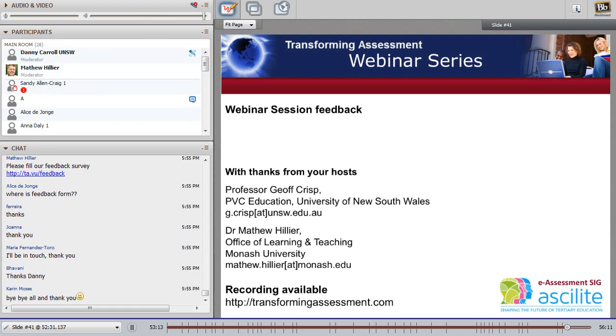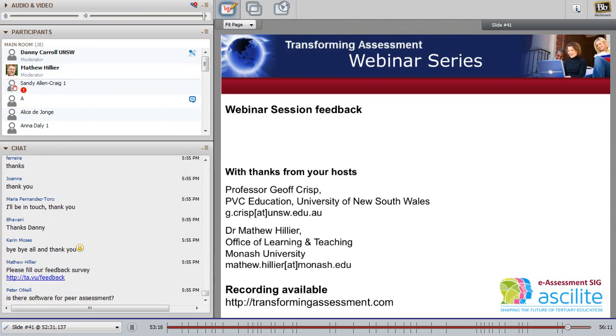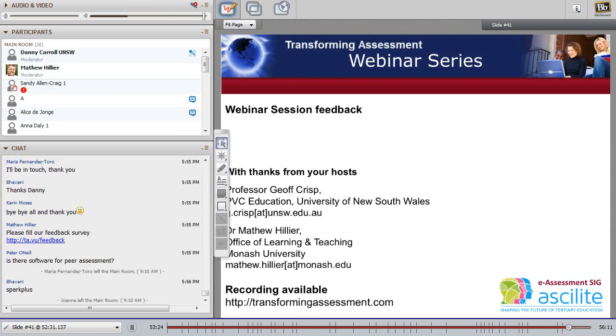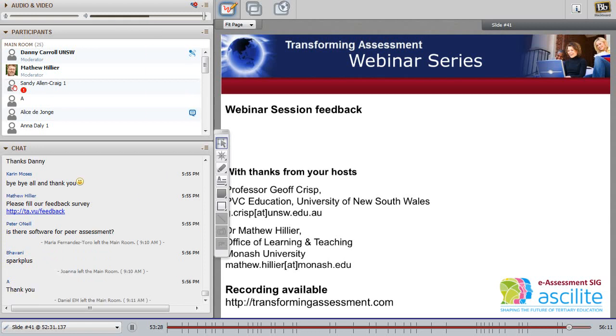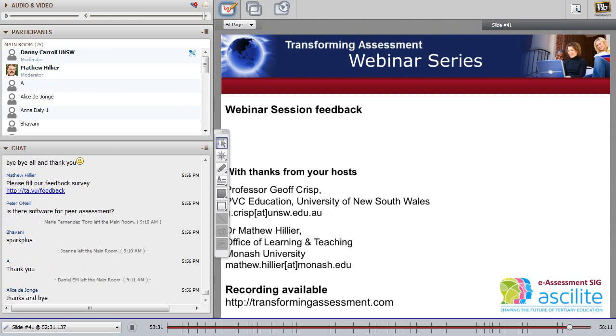Software for peer assessment. Yeah, we use a couple, Peter. Review has got a peer assessment element. We've also used WebPA, which we've recently dropped, however, because we integrated it into Moodle and we somehow broke it. Spark, absolutely, Bhavani, is a very good tool that's come from UTS as well. So UTS invented Spark and Spark Plus and Review, and they will both do peer assessment. Spark Plus is more fully featured, really quite a muscular tool.